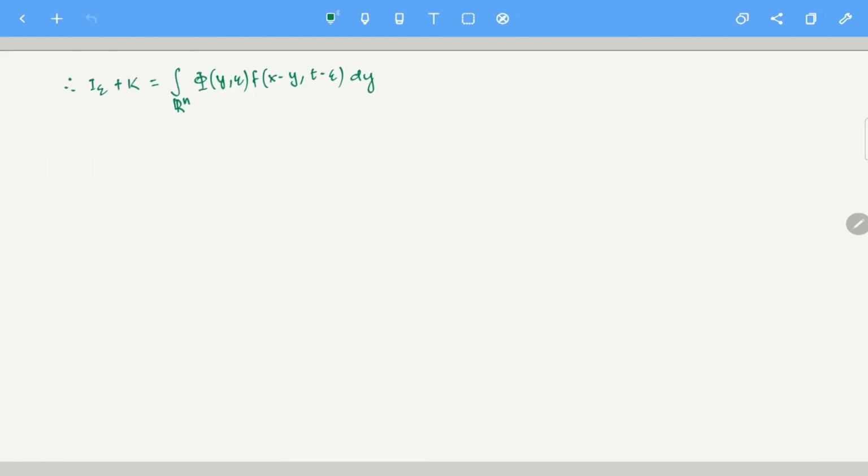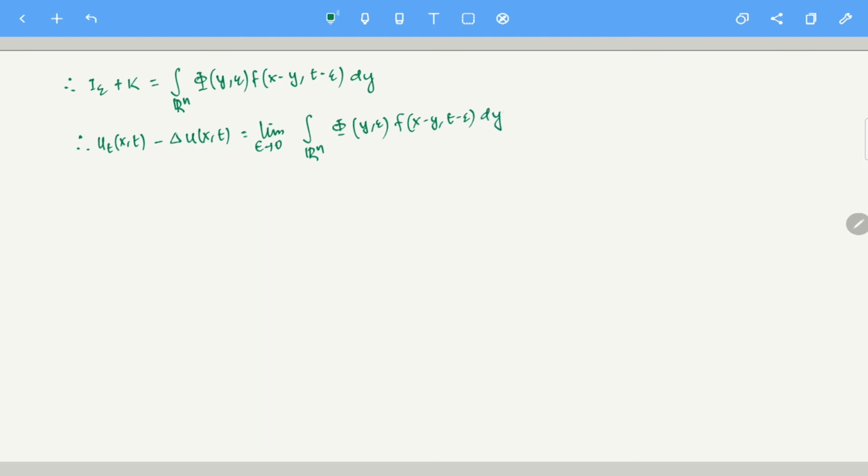If I add all of this, therefore, u_t at any point x, t minus delta of u(x,t) is equal to the limit as epsilon tends to 0 of the integral over Rn of phi of y, epsilon, f of x minus y, t minus epsilon, dy.